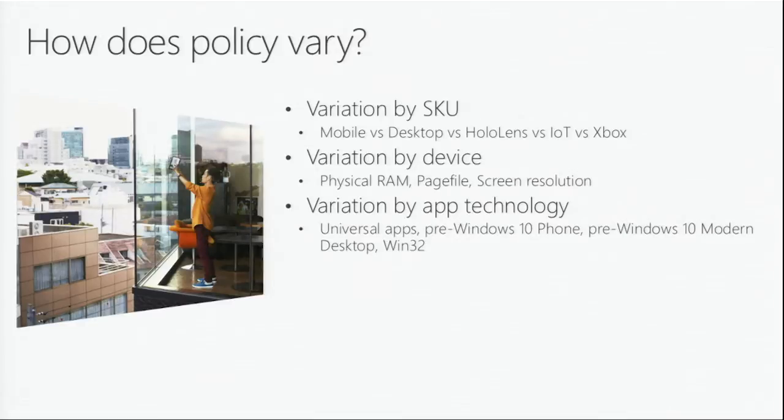We also vary policy by app technology. So there's existing policy in place that has been in the past for Windows Phone and for Windows 8.0 and 8.1. And then there's policy for universal apps, so Windows 10 universal apps, and Win32 apps.